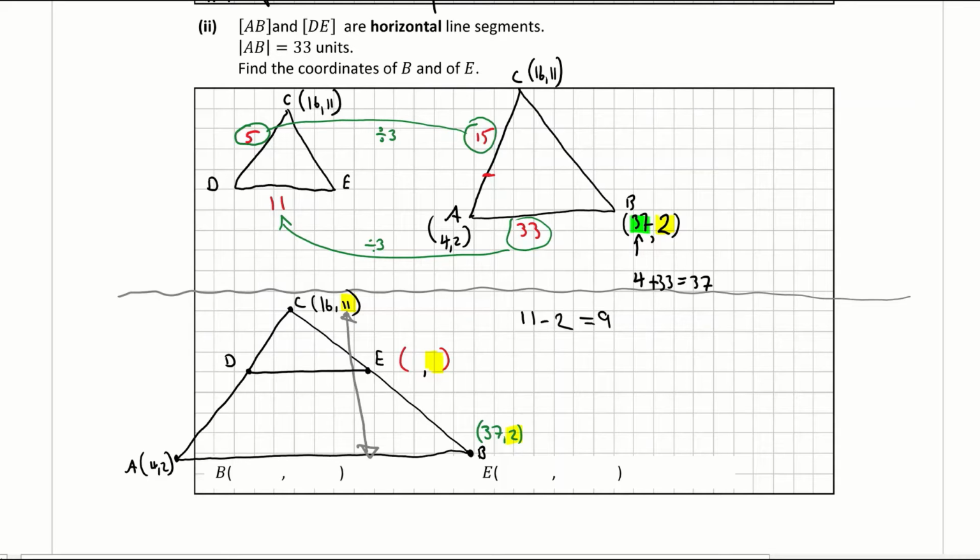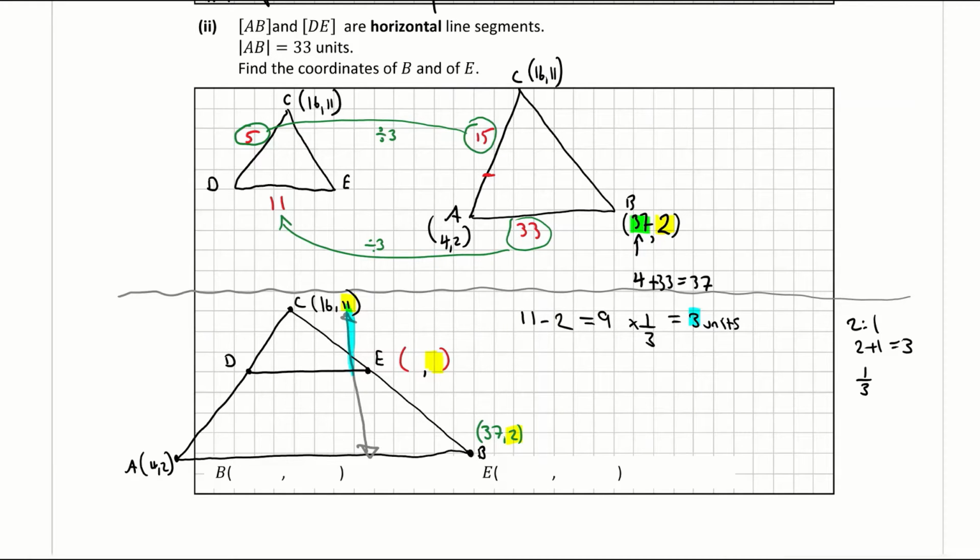Now, the ratio here is split 2 to 1, which gives me 2 plus 1 is 3. So the distance from E to C will be 1/3 the length of that 9 units. 1/3 of 9 units is 3 units. So I want to start at C and go back 1/3 the length of that line, which is 3 units.